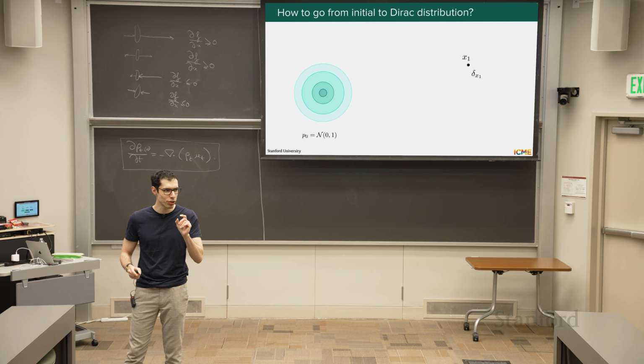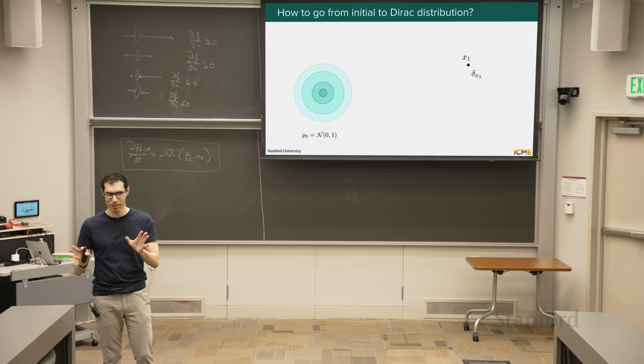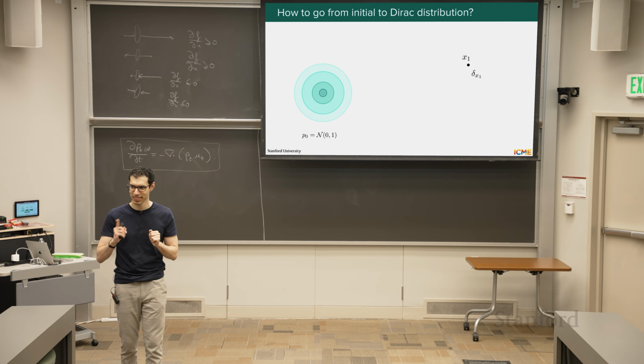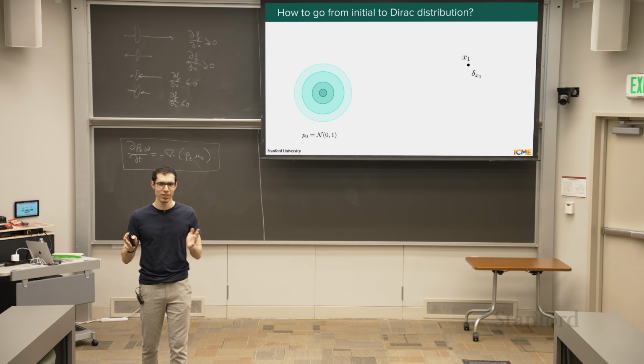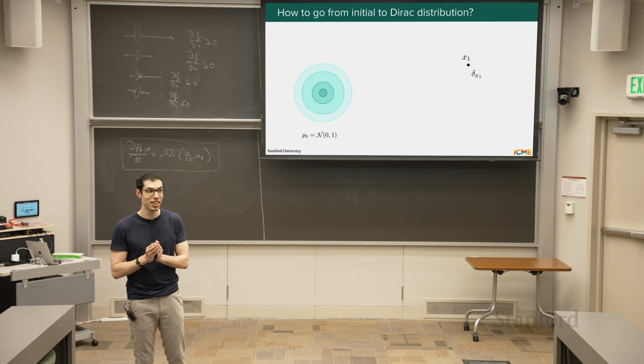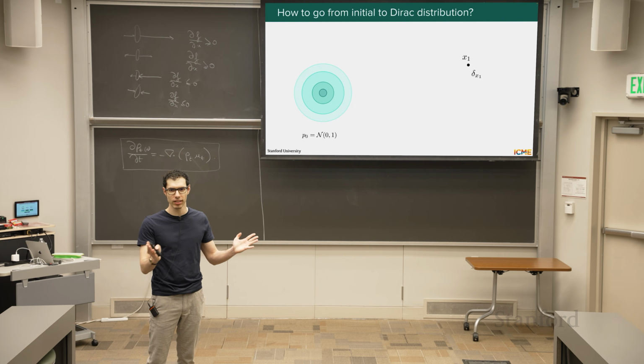So delta x1 is the notation for a Dirac delta distribution. Who has heard of the Dirac distribution? Yeah? So Dirac distribution is actually probably the simplest distribution out there because it's a deterministic distribution. It will always give you one quantity.